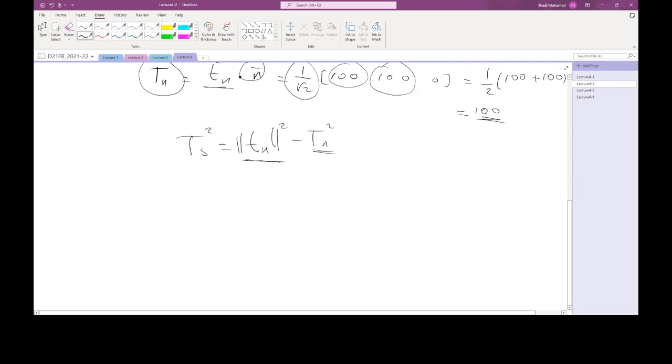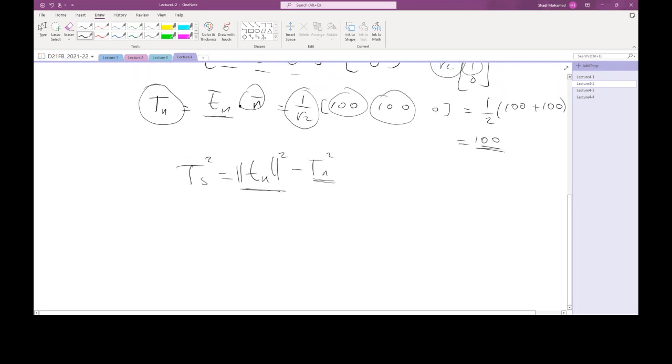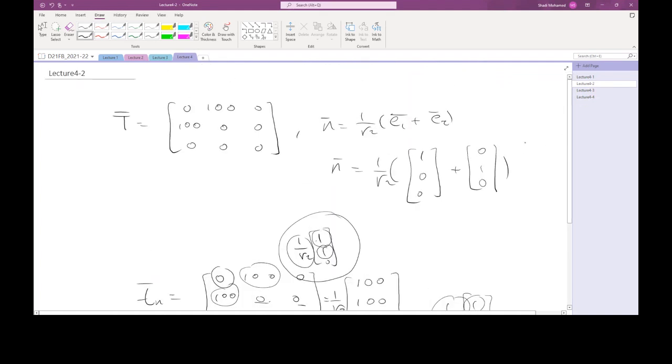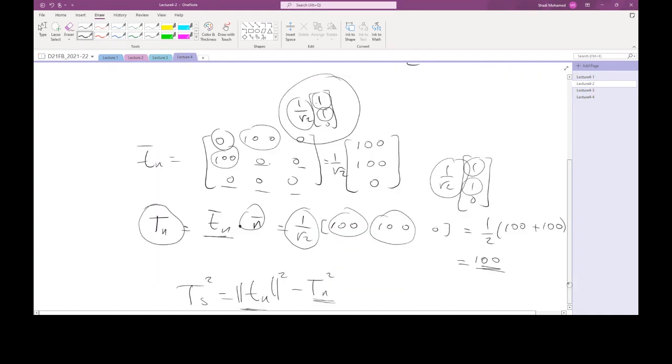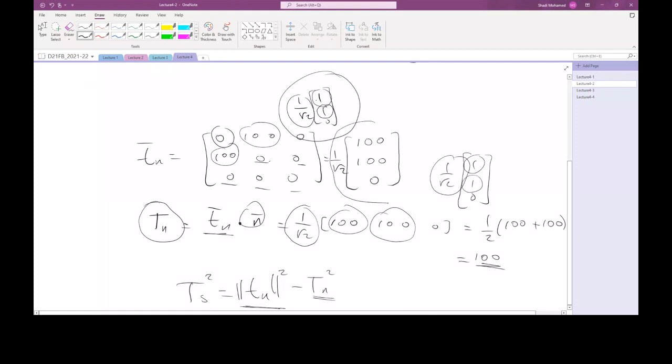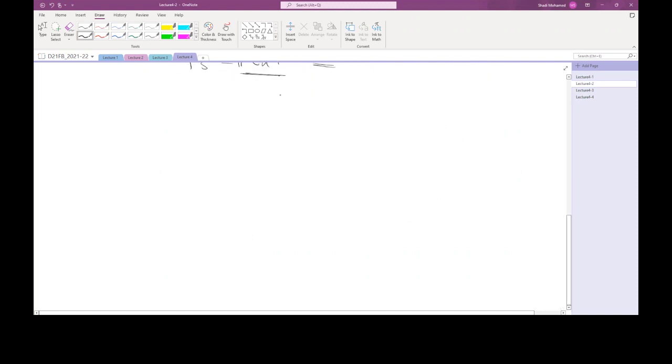So I'm just going to calculate the square root of the sum of the squares. This is the Tn here. So the square root is going to be 100 over square root of 2, 100 over square root of 2, and 0. This is the first one, this is the second one, and this is the third one. And everything is divided by square root of 2.